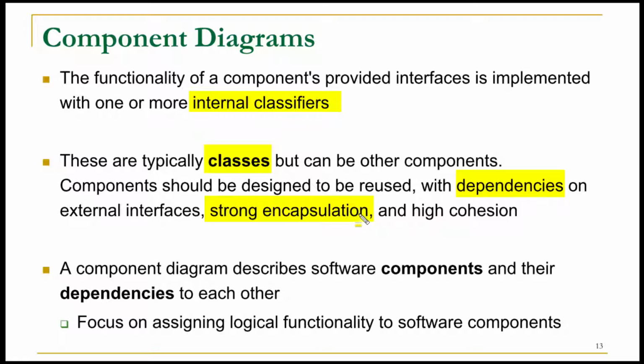So the component diagram actually describes the software components and their dependencies to each other. Whenever you have dependency and communication between different components of your system, that can be represented with the help of the component diagrams.